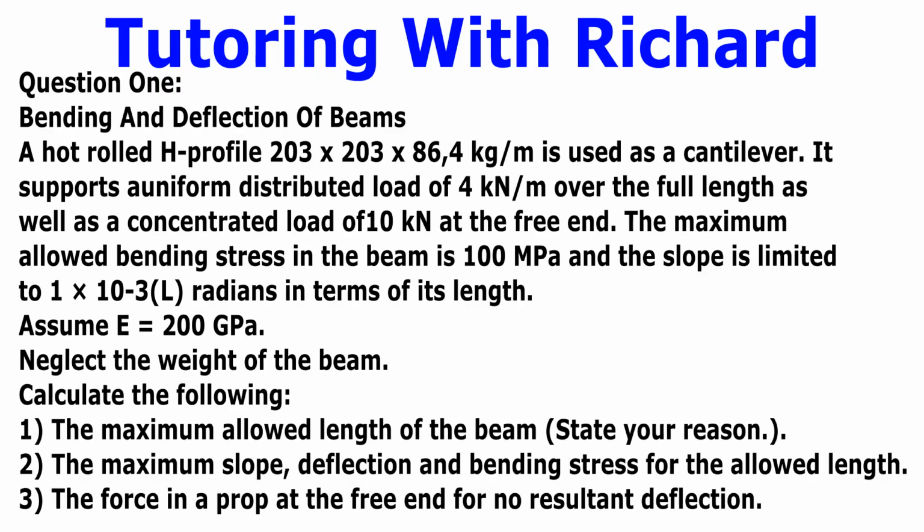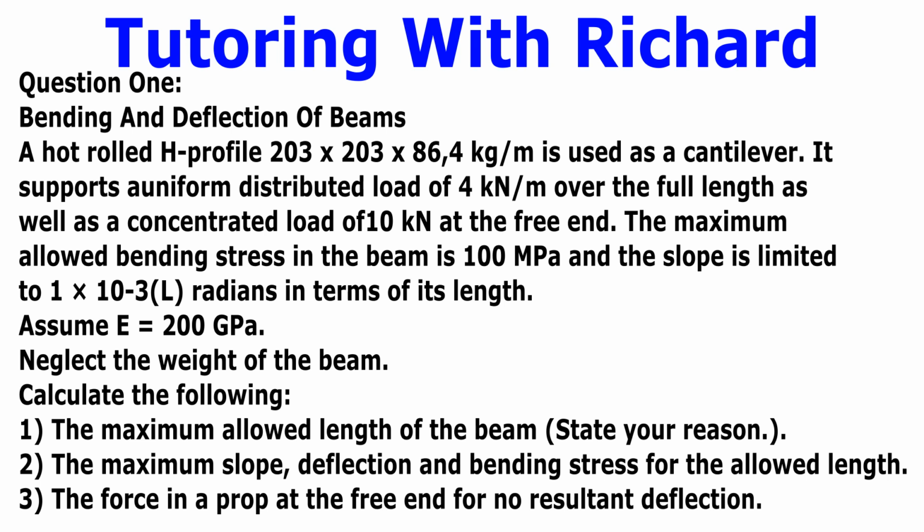Our question states: a hot rolled H profile 203 by 203 by 86.4 kg per meter is used as a cantilever. It supports a uniformly distributed load of 4 kilonewtons per meter over the full length, as well as a concentrated load of 10 kilonewtons at the free end.